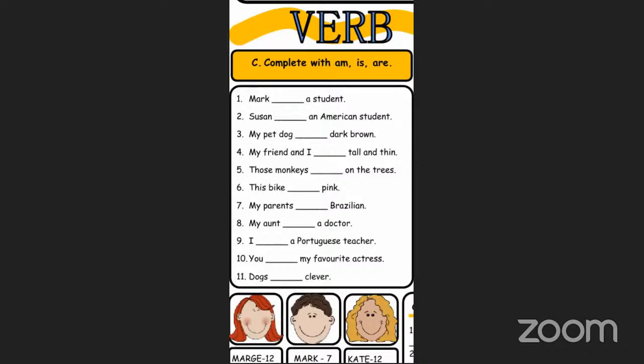Number 10, you blank my favorite actress. Number 11, dogs blank clever. Right. So you can quickly answer them using be verbs. Am, is, are.